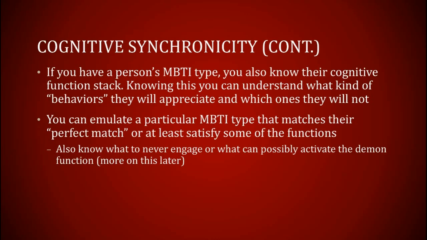If you really upset another person's inferior function, you make them activate the demon function. And as I discussed in my video on FI demon for INTPs, you never want to open up somebody's demon function because they will enter their superego and be their worst self. They will become vengeful. They will become parasitic. So as I'll discuss later, you really need to be careful with that inferior function and make sure you're not upsetting it.